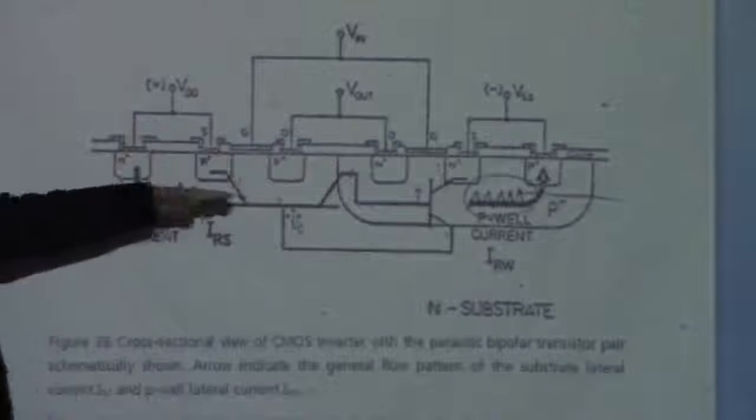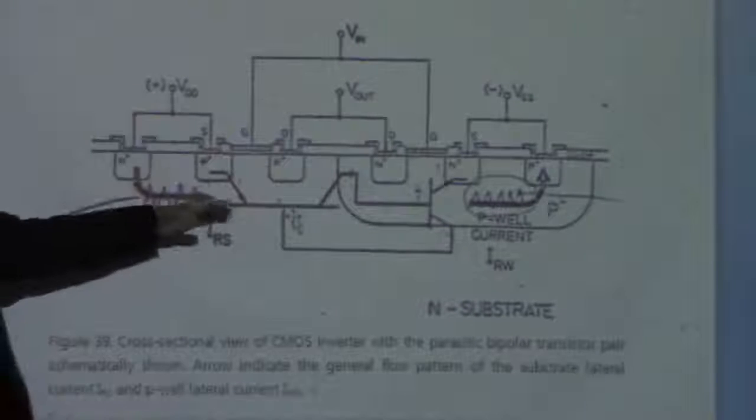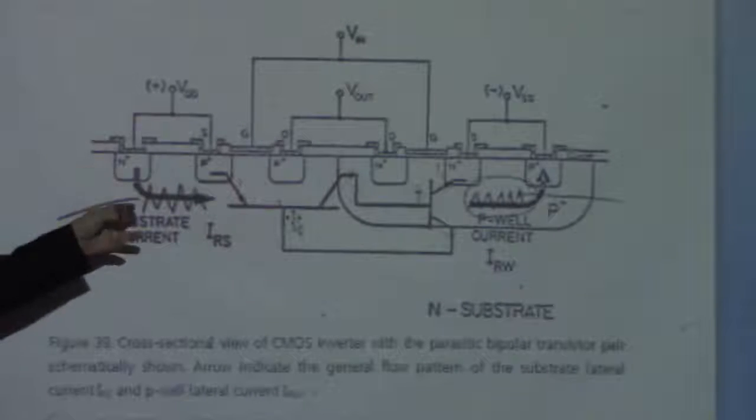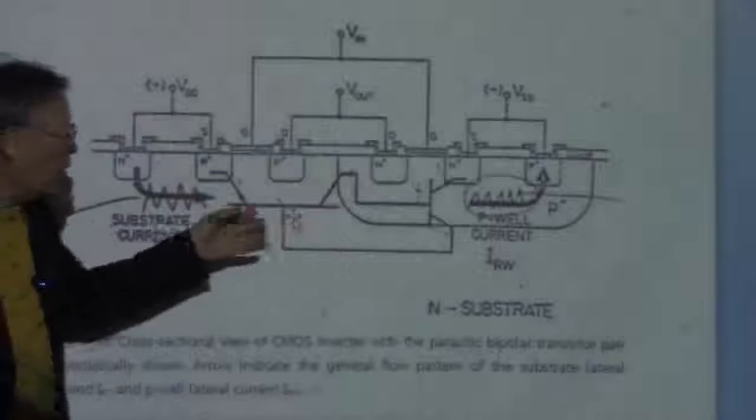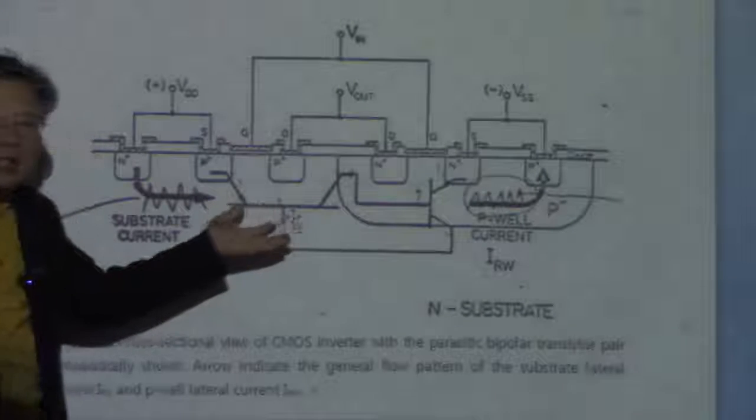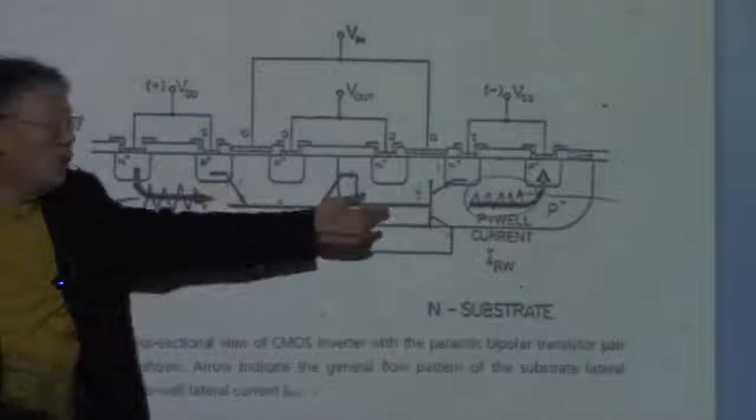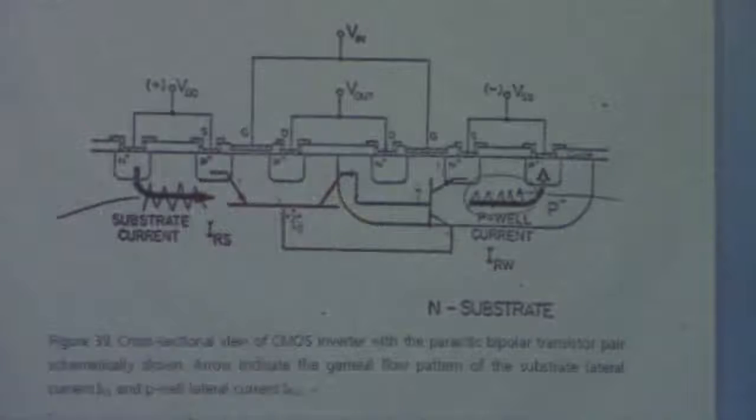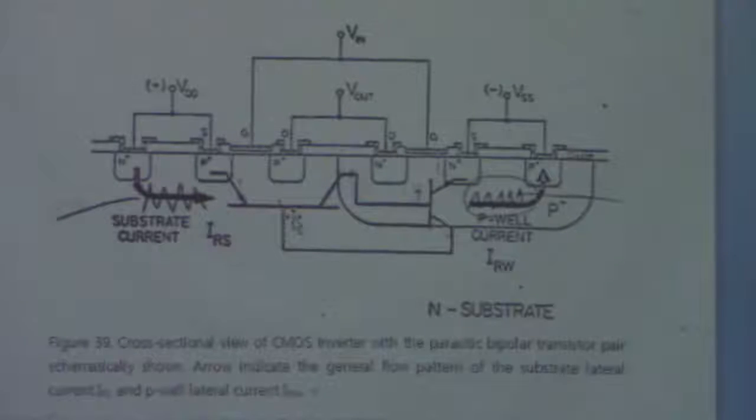It is not always possible, but it is possible. And then if you look into this circuit carefully, then you can immediately see that the two bipolars are connected to each other, and then it can be triggered to have a large current.